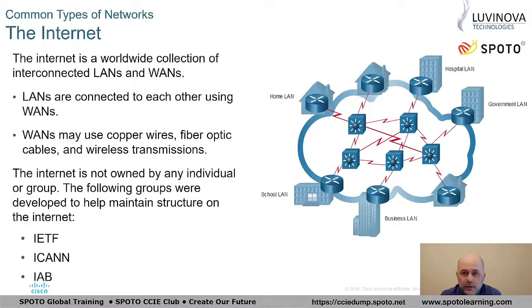Those different organizations are responsible for different regions. Some of them are responsible for North America, some for Europe, and some for Australia, New Zealand, etc. But those organizations are responsible for ruling and helping maintain the structure of the internet.